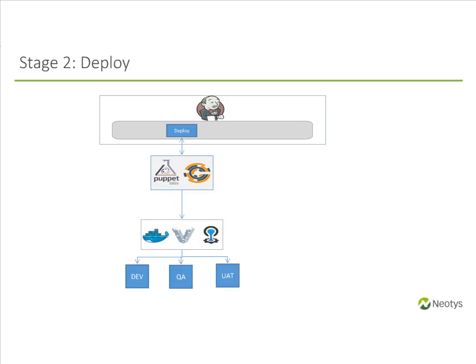Step number 2 is deploy. So we have this application that has been compiled, and then I'm going to deploy it. I'm going to grab the configuration scripts that would be on the source control, so Git. That could be a configuration script like Puppet or Chef. And if I have to deploy, for example, in Dev, then I would take the scripts related to Dev, and then I will deploy that with different products.